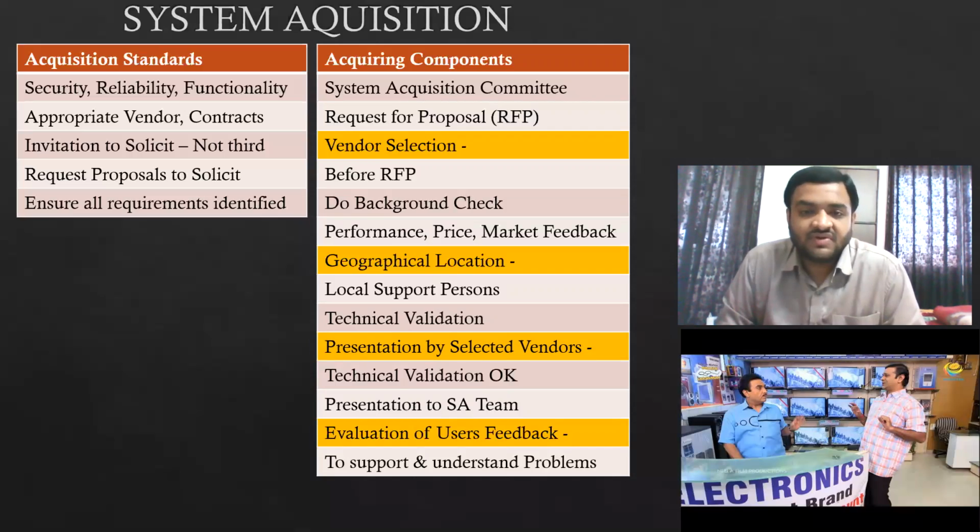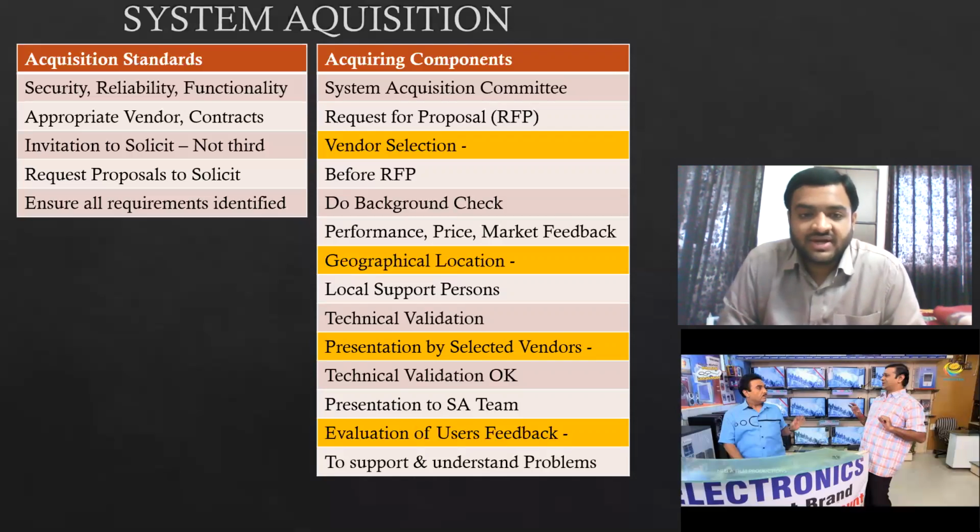We will see whether the market feedback is positive in relation to the products given by that vendor. This is what you will do before you issue an RFP. What is RFP? Request for proposal. So this is like a preliminary investigation of a vendor. So this is how we will select a vendor.